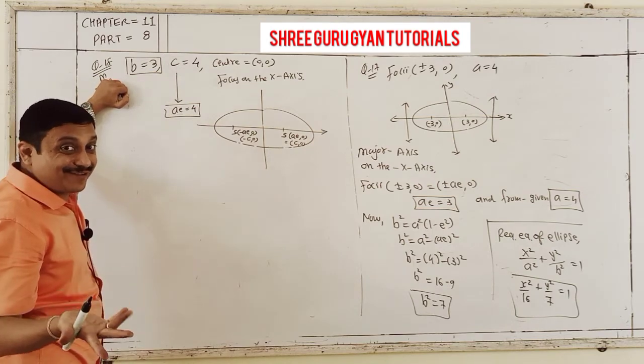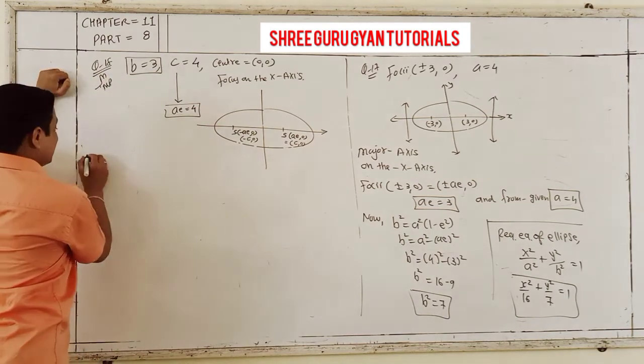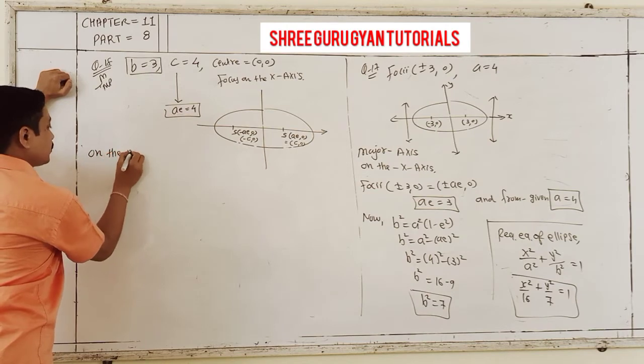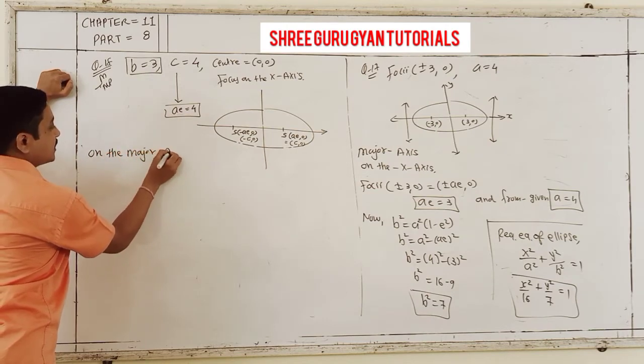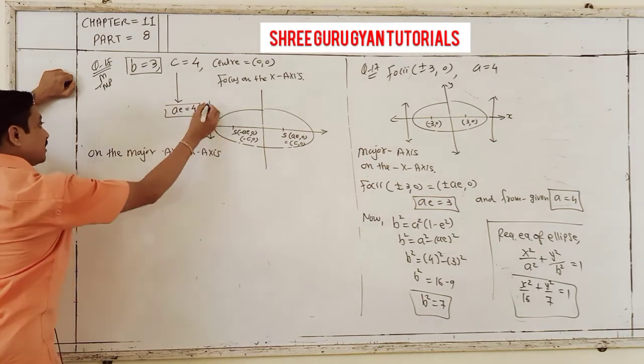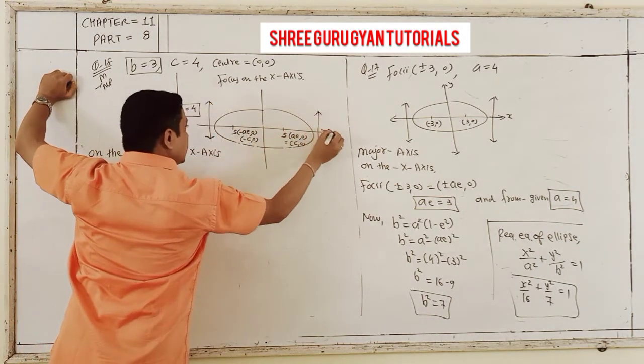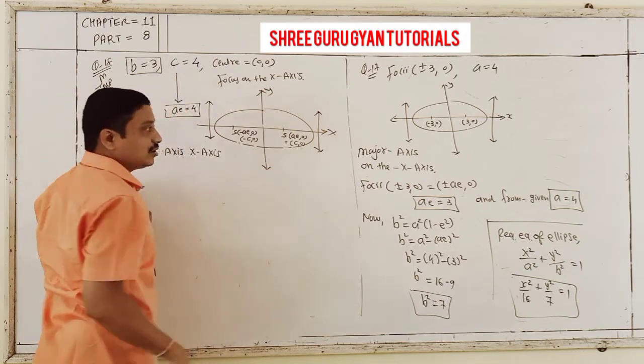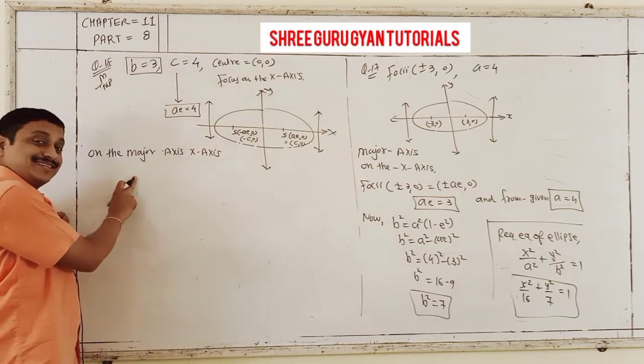Very easy. Formula, operate point number 3. So the major axis is on the x-axis, and here your directrix, students, x-axis and y-axis, generally roughly drawn. Now the formula is simple.